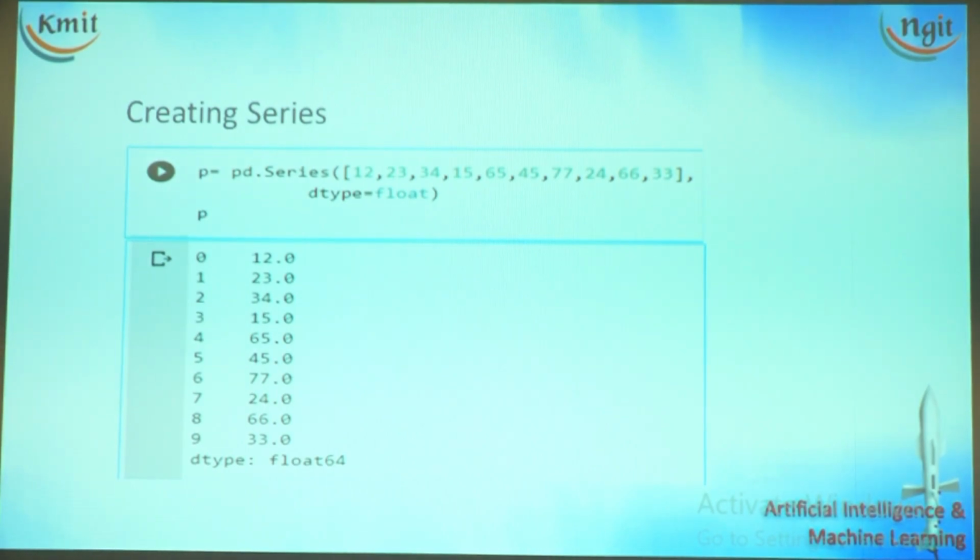What is the difference? The decimal point comes into the picture, and the data type has changed. What was it earlier? Int. Float64 now. Okay, so by default that is there.